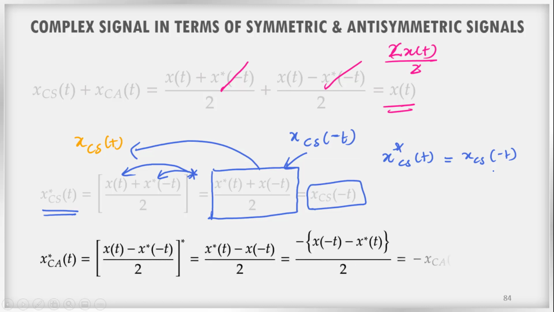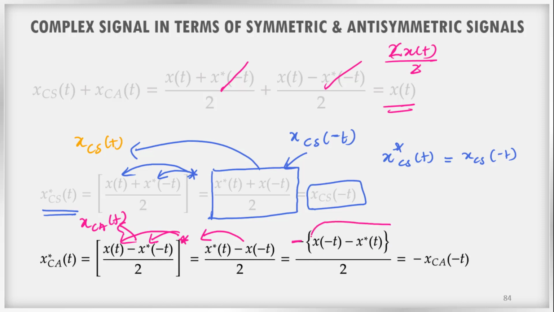Now coming to the conjugate antisymmetric signal. If we take the conjugate of XCA of t, we will get x of t minus x asterisk of minus t divided by 2, conjugated. We can take this conjugate inside, so we get x asterisk of t minus x of minus t divided by 2. We have to do a small arrangement here and take the negative outside. We get minus of x of minus t minus x asterisk of t.